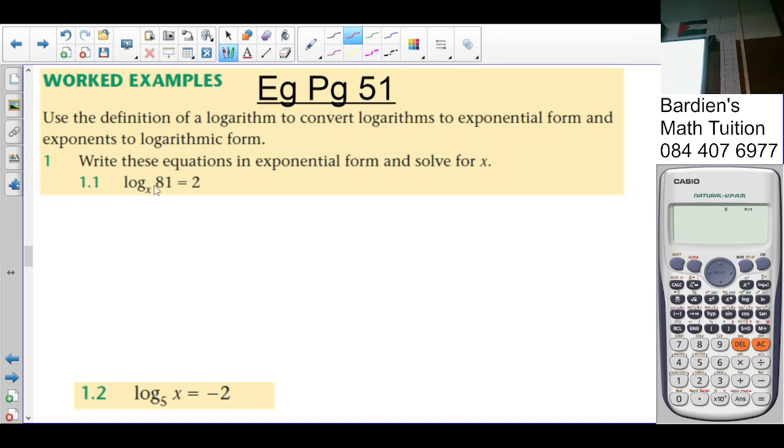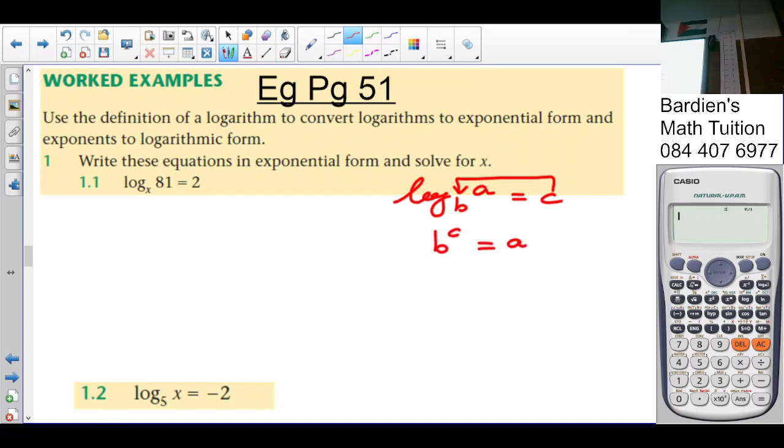If in general we have log a base b is equal to c, then in exponential form this can be written as b to the exponent c is equal to a.